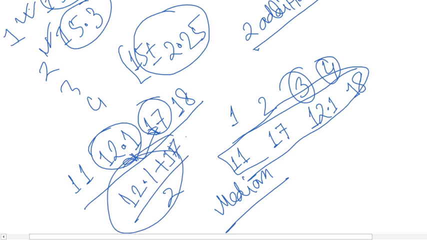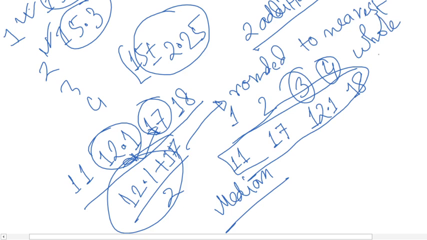This value will then be rounded to the nearest whole number, and this will be your AIV result in that case.